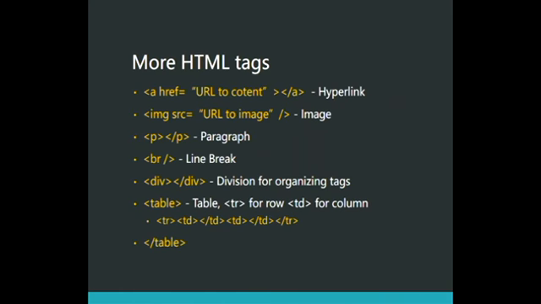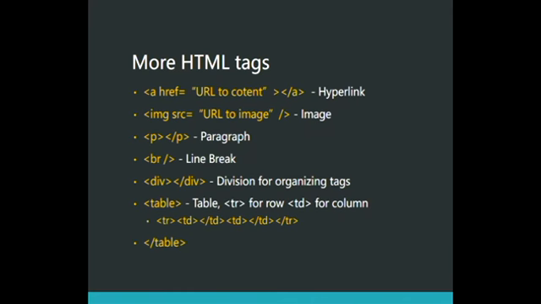The second one, the image tag, you can use to display any images. It can be images on your server, or it can be images from the internet, like if it's not protected.